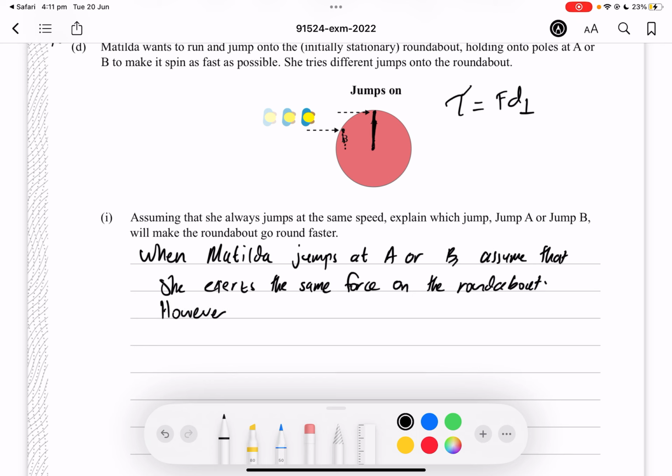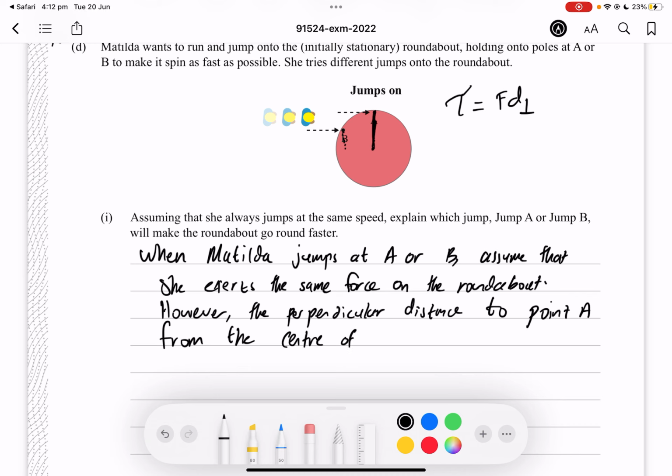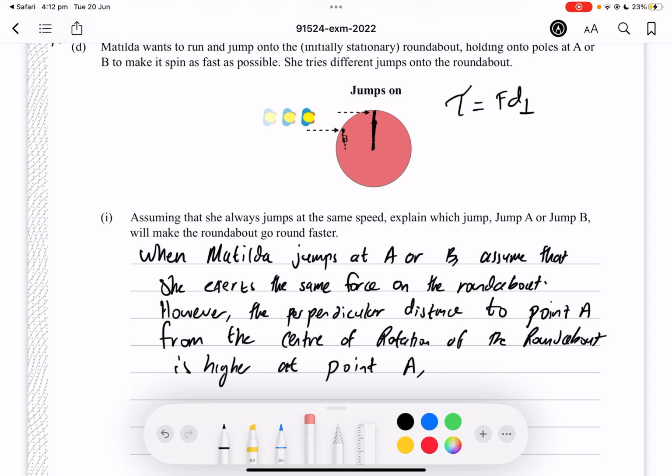However, the perpendicular distance to point A from the center of rotation of the roundabout is higher at point A. In fact, it's at the maximum at point A, so it's higher at point A compared to point B.